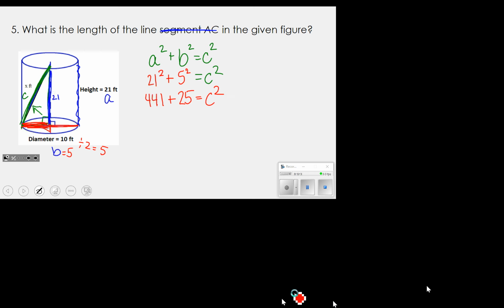When you add those together, you get 466 for C squared. Let's get our cancel pen, and we're going to do the square root, and cancel. And the square root of 466 is about 21.6, so that's our C measurement. So we have our final answer is 21.6 feet.